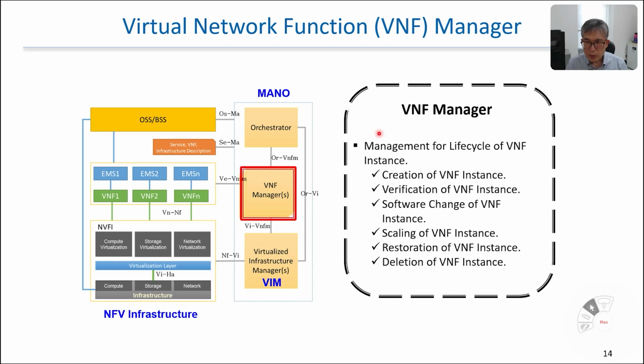The second component in MANO, the VNF manager, manages the lifecycle of VNF instances, such as creation, verification, software change, scaling up or down, restoration, and deletion of VNF instances.